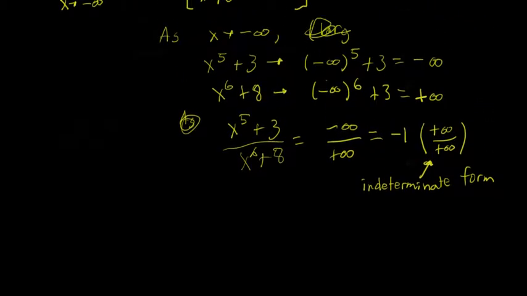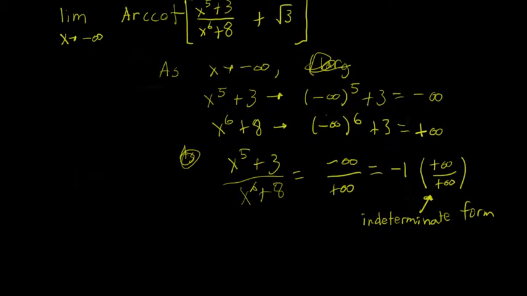Well, let's see how much space I have to work with. So I'm going to rewrite the problem here. It's the limit as x tends to negative infinity of the arc cotangent, and capital means principal arc cotangent, and we'll get to that in a second. It's basically turning this arc cotangent into a function.